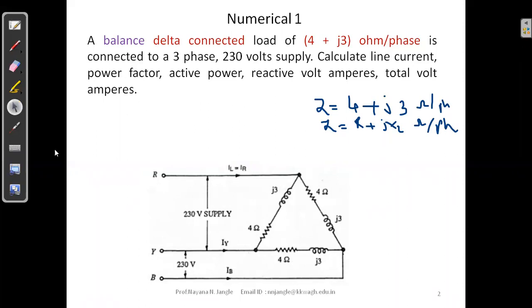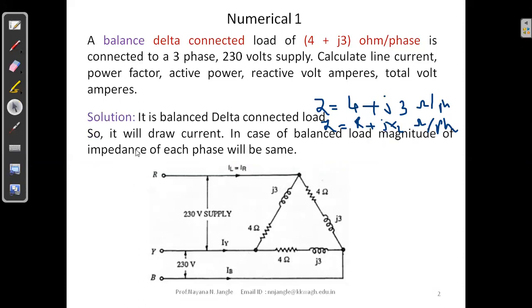Okay, so as it is a balanced delta connected load, it will draw current. If you see here, in a delta connected load the current will divide in these branches, so the current will not be the same, but across every load the voltage will remain constant. So the 230 volt supply here is the phase voltage as well as the line voltage.